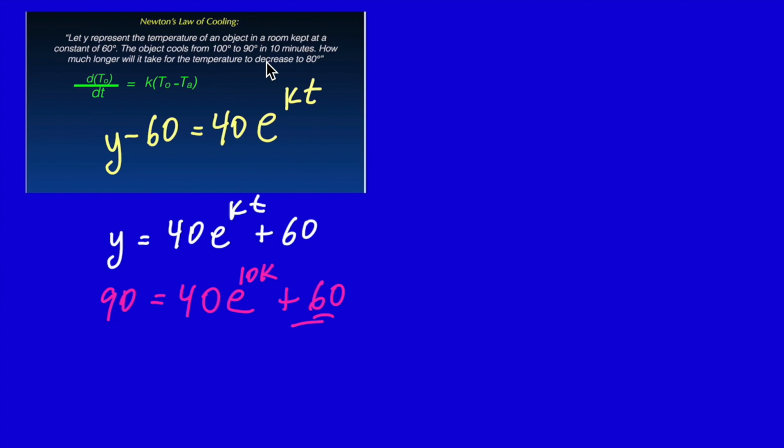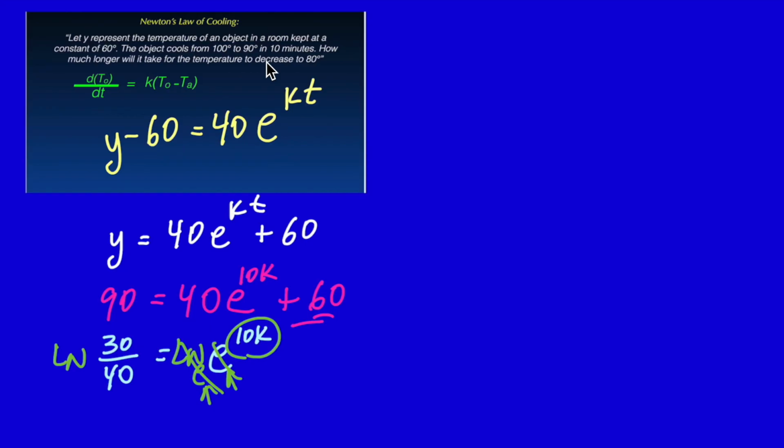Okay, when we do our math, we're going to subtract 60 and divide by 40, and that's going to give us 30 over 40 equals e to the 10k. We're then going to take the natural log of both sides, and on the right side, because the base of natural log is e, when the base of the log matches the base of the argument, they cancel out, and you're left with the exponent.